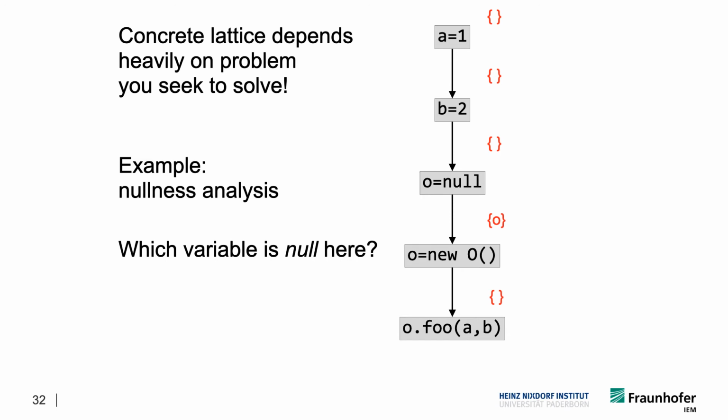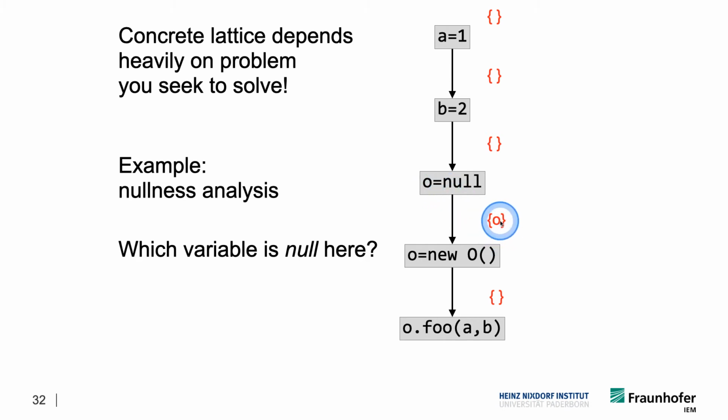But then we could also be interested in doing a so-called nullness analysis for this program. So this is asking the question, or answering the question, which variable is actually null here at a given statement. And initially nothing, we assume that nothing is null, for instance, right? Or at least we don't know for sure what is null. But then here O has been assigned a null value.